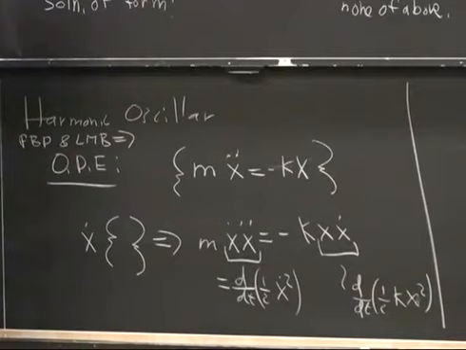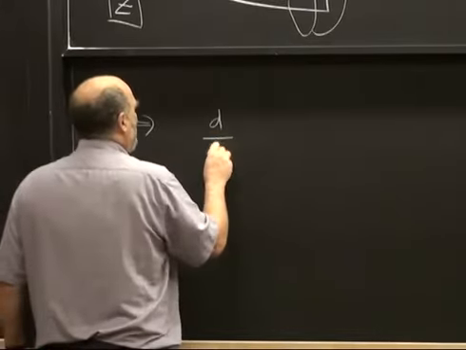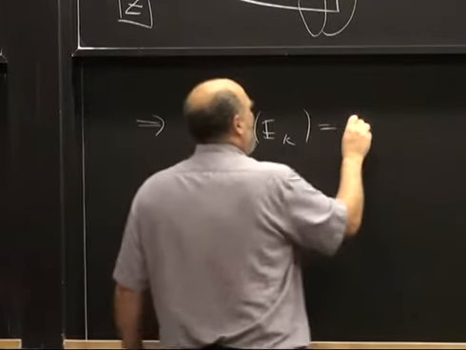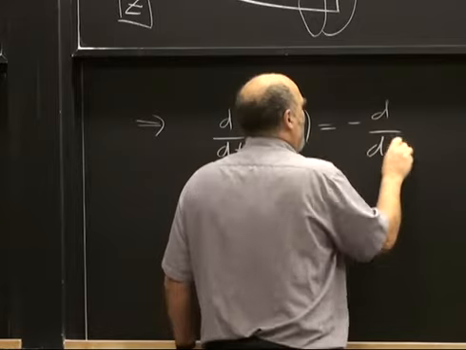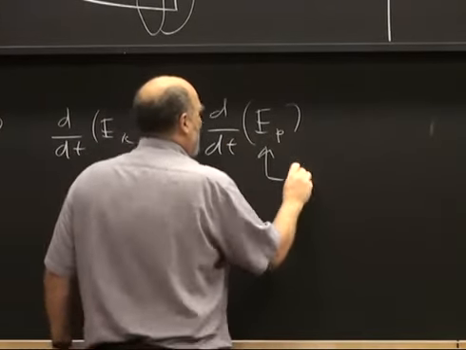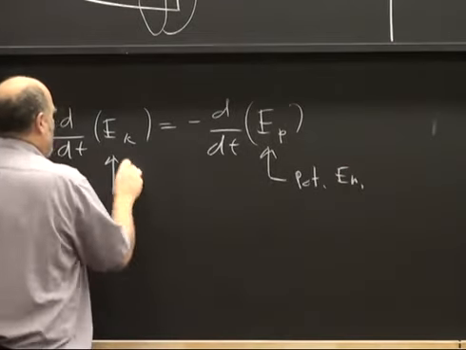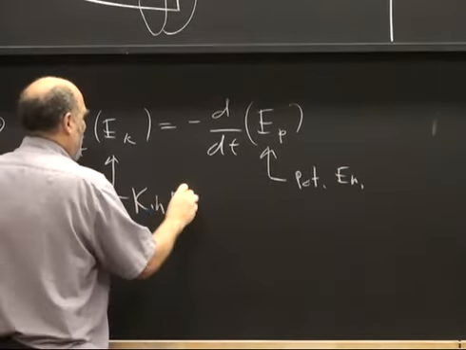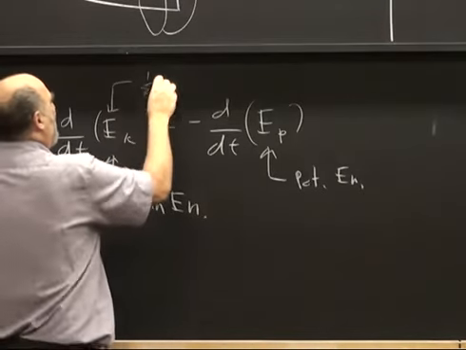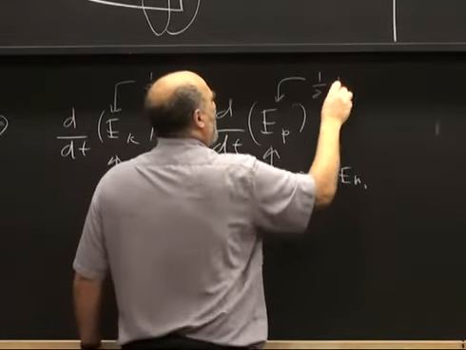What does that tell us? It tells us that d by dt of a quantity we'll call EK is equal to minus d by dt of a quantity we'll call EP. This thing we'll call the potential energy, and this thing we'll call the kinetic energy. In this particular problem, this thing is 1/2 mv squared, and this thing is 1/2 kx squared.